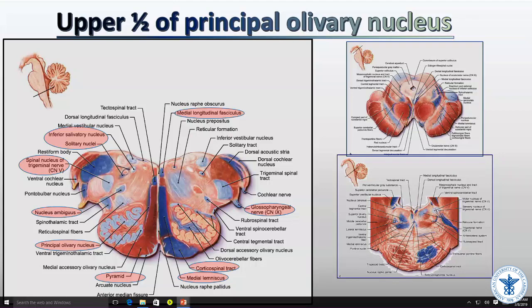I won't get into the details of all that, but if you know where it's located, that's really important. And one other interesting fact about the medulla, when you see the sections, is that the pyramid and the olive form two distinct bundles on the external surface.